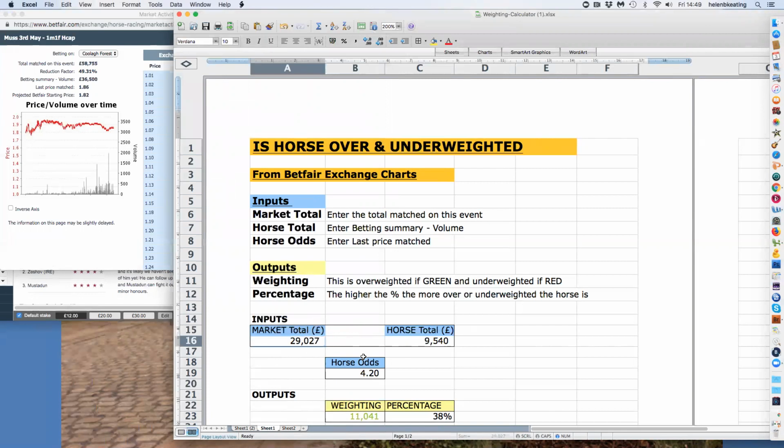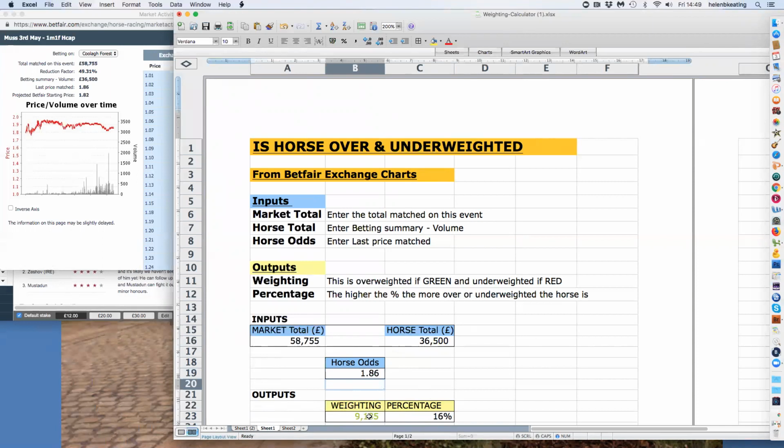Let's put in the 58,755. Let's put in the next one, which was 36,500, and then put in the odds, which is the last odds we had, 1.86, and press go. And we see here that the output is, the weighting is 9,135 over, so it's green, it's overweighted.